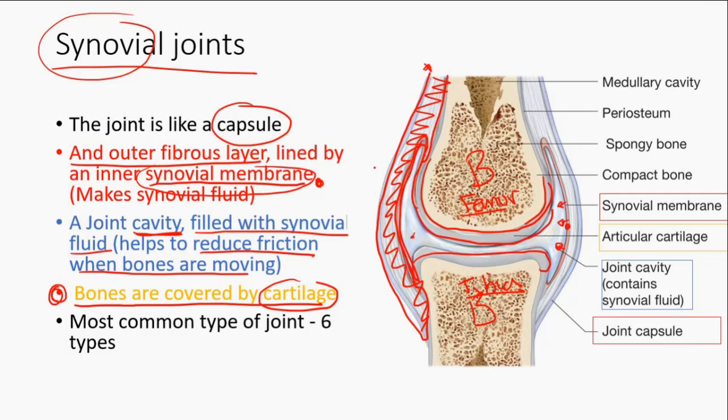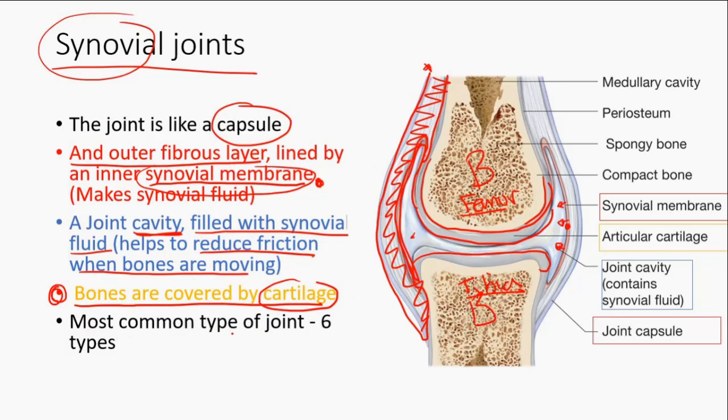You want a protective covering, so that when the bones do scrape each other, even though the synovial fluid is making it slippery, there's still an extra layer of protection to protect the bone from breaking down.